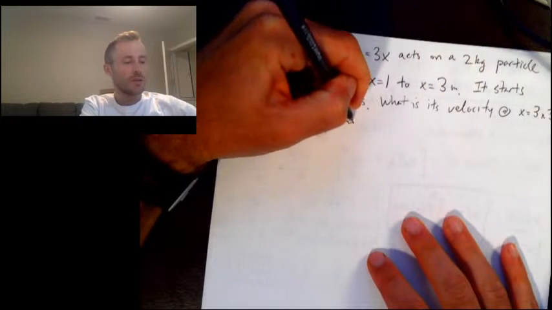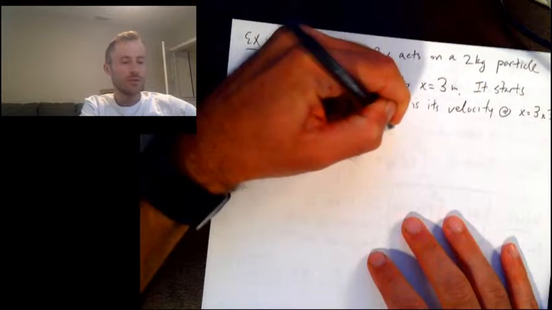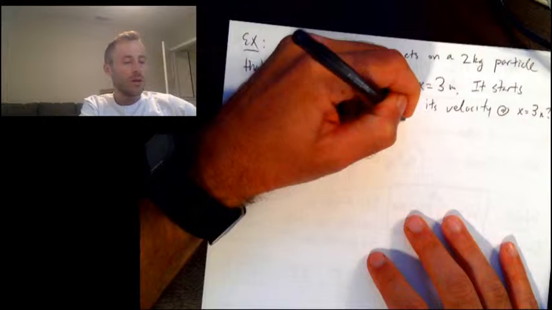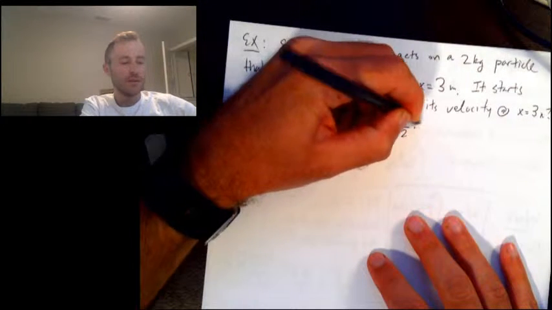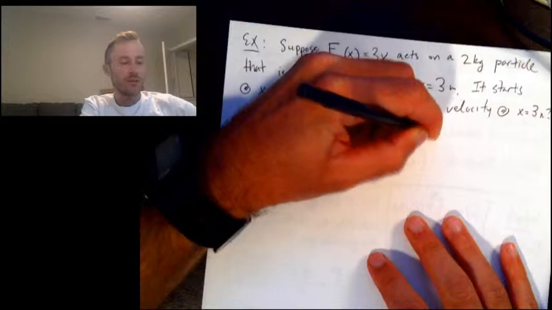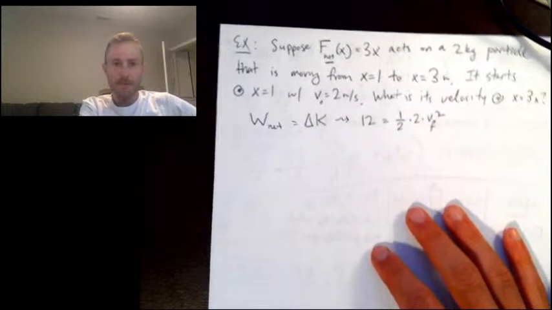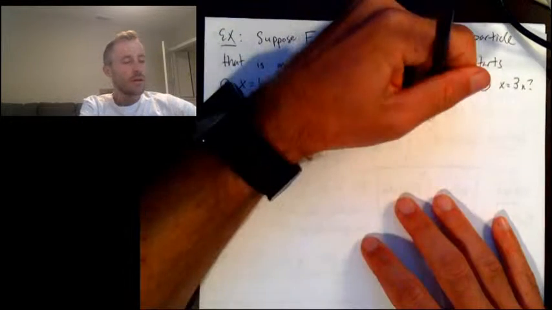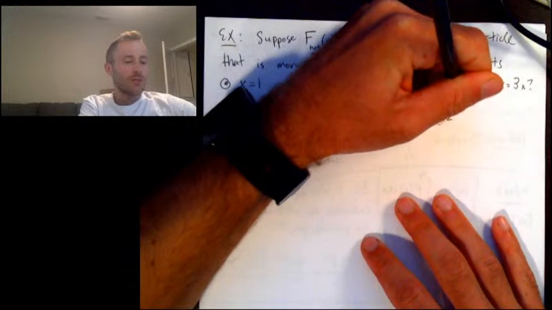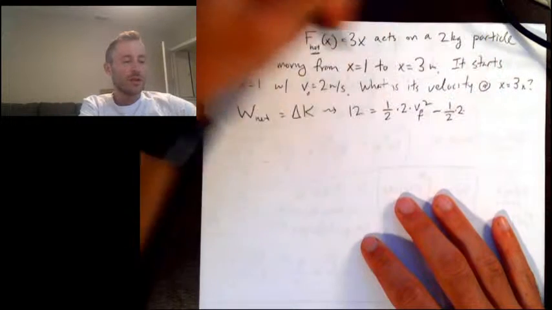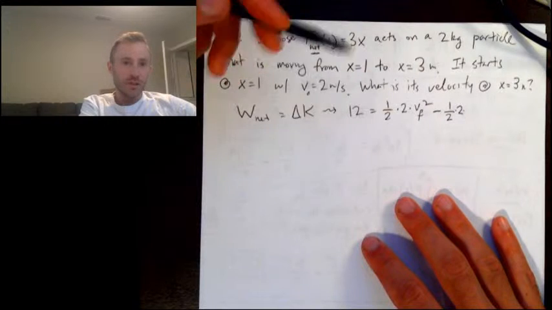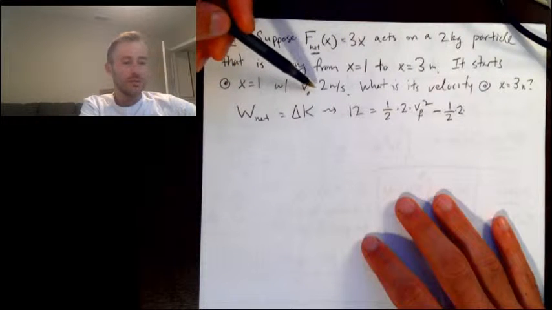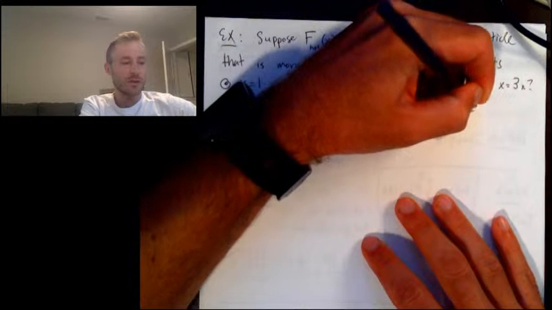So this is going to become 12 equals 1/2 times the mass, which is 2, times v final squared, minus 1/2 times the mass, which is 2, times the initial velocity squared, which is 2 meters per second, so 2 squared.